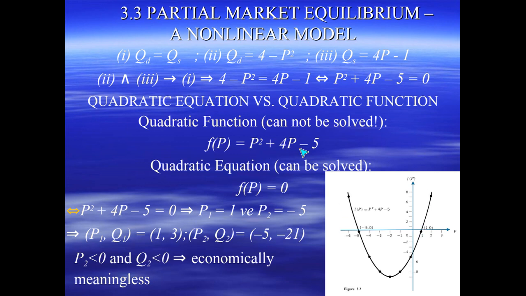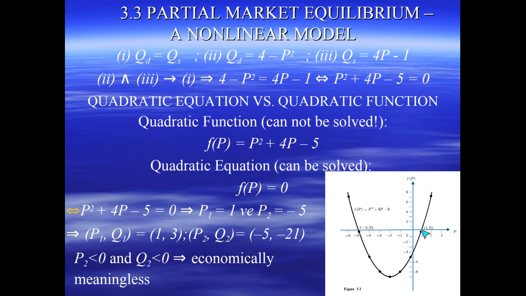For instance, if you have P squared plus 4P minus 5 equals 0, you may draw it on paper or have a computer draw it on the Cartesian coordinate system, with the P axis and the f(P) axis. If you see where the function is equal to 0, it means where it cuts the P-axis, and you obtain (1, 0) and (minus 5, 0).